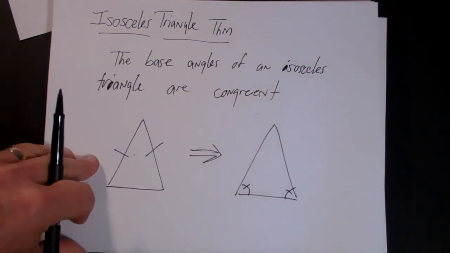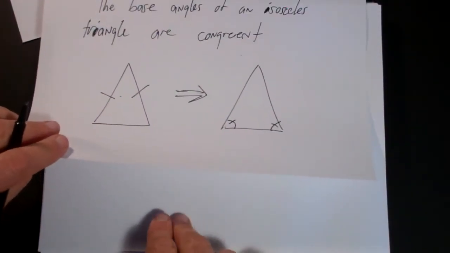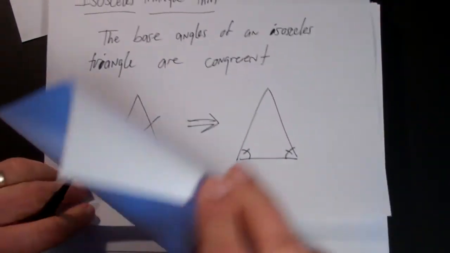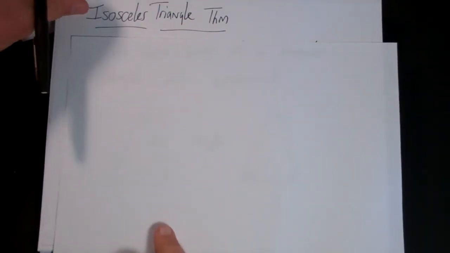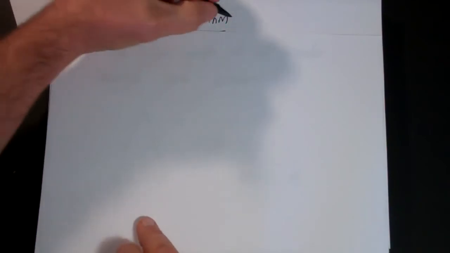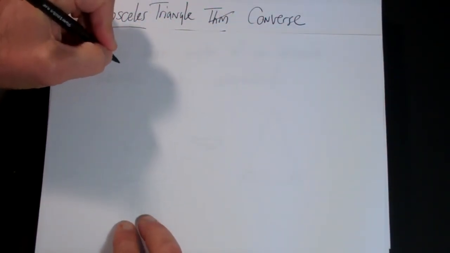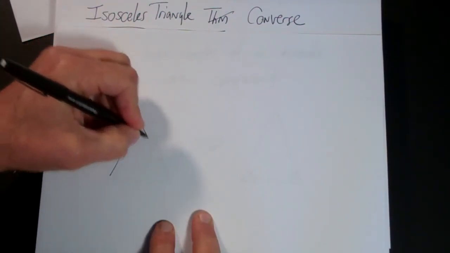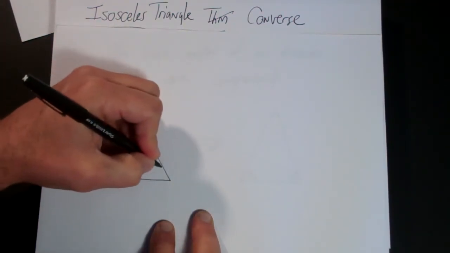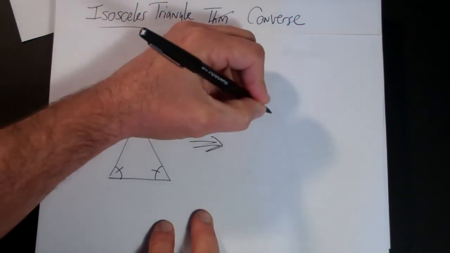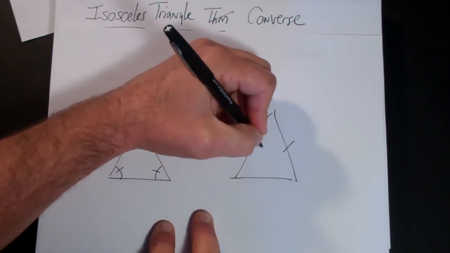There's also the converse. The converse of the Isosceles triangle theorem is simply that if the base angles are equal, then it's isosceles. So you can change this to converse. And I actually like to draw it. It simply says this: if this angle and this angle are equal, then the sides opposite are equal.